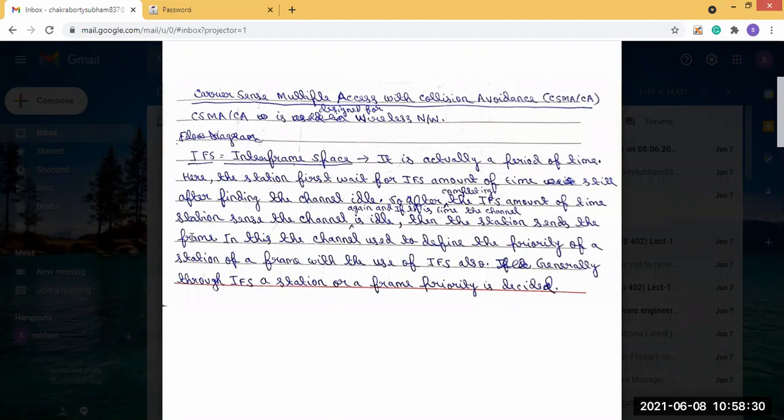Now, why is this used in this protocol? It is used to define the priority of the station or of a frame with the use of the IFS. Generally, through the IFS, a station or a frame priority is decided.